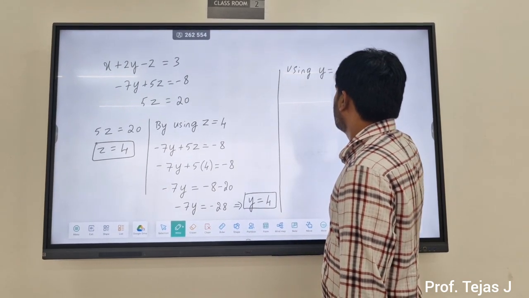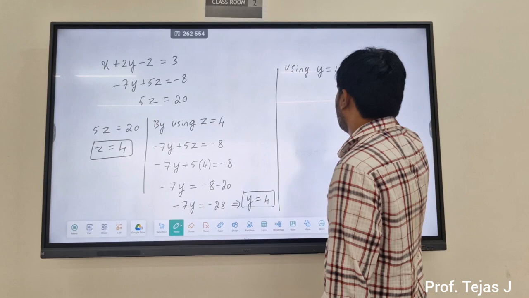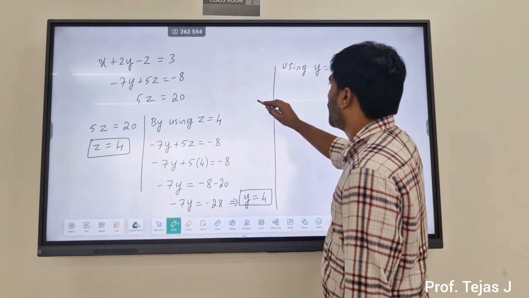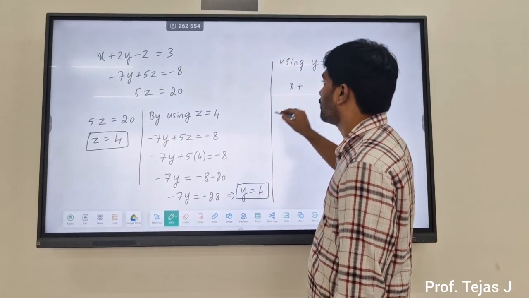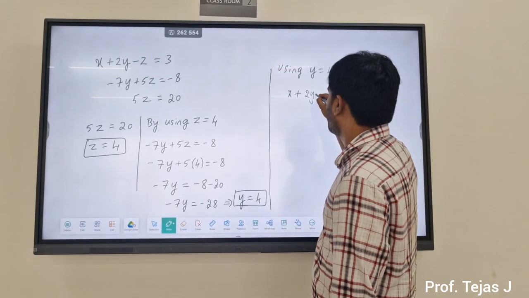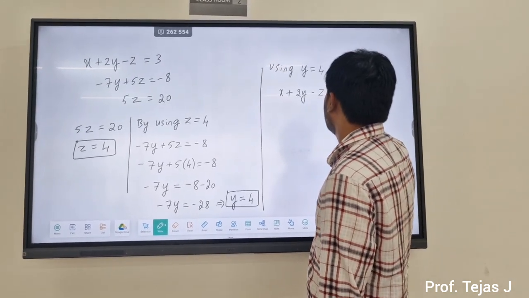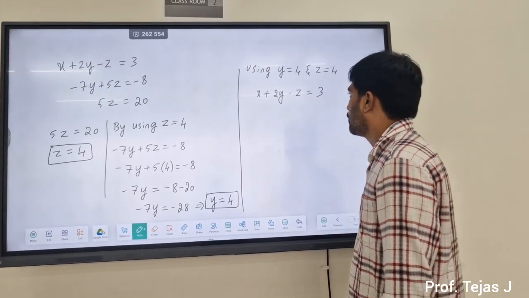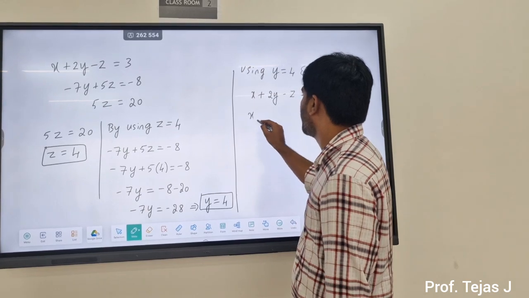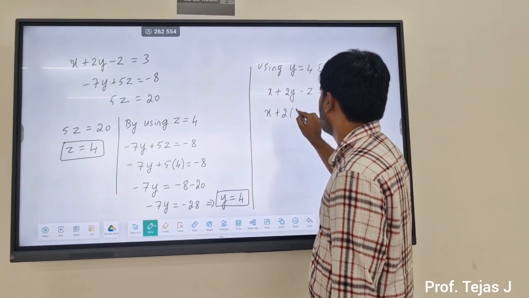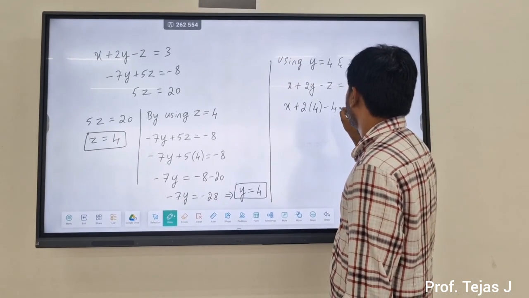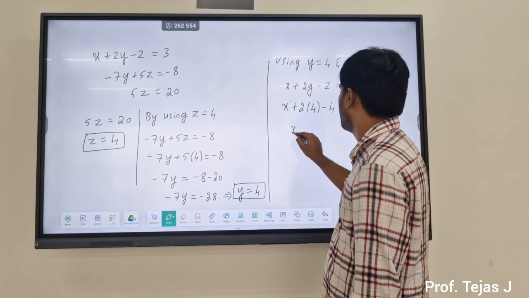Now, using the y value and the value of z and applying them to the first equation, which is x plus 2y minus z equal to 3, let's see what will be the value for x. x plus 2 into 4 minus 4 equals 3.